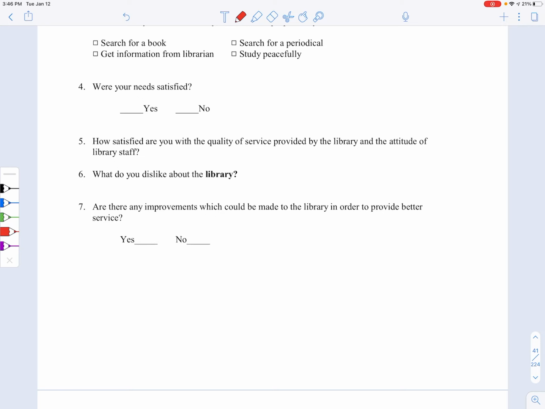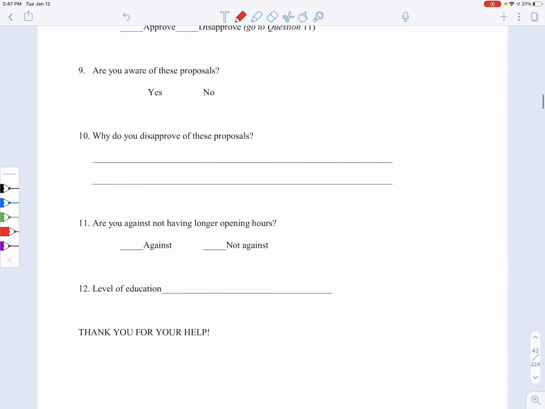And maybe word that a little differently. And if yes, then you jump to that particular question. But just having it like this assumes that everybody has something that they dislike about the library. So that is something that's inapplicable to a lot of people. You should have a branching question first.